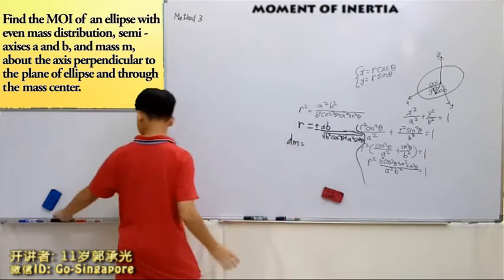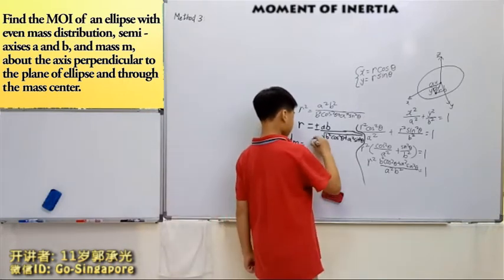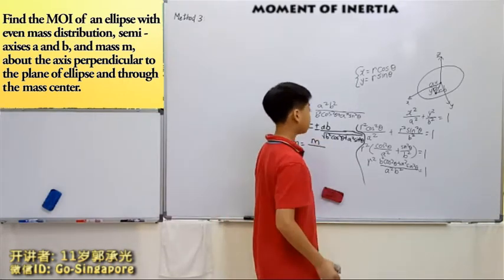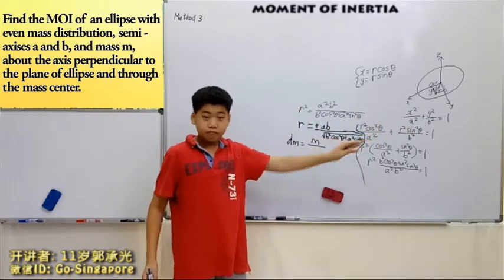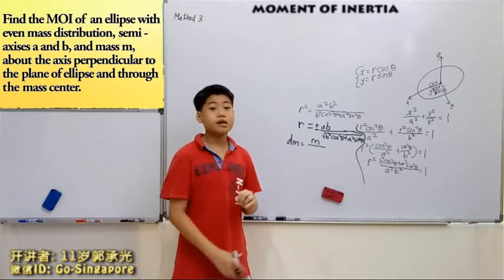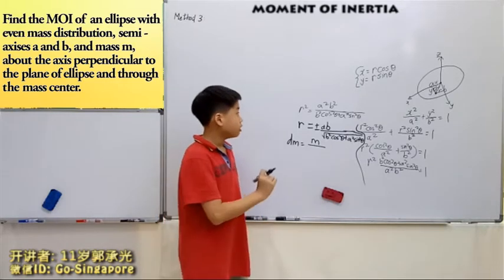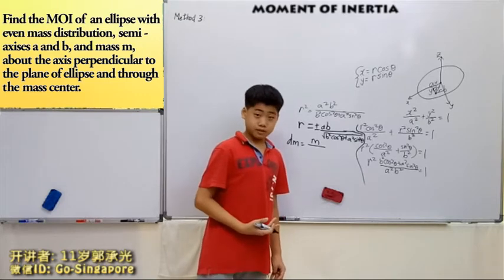First thing, mass density. Mass density is mass over its area. Because I did just a 2D, if you say it's 3D, then that will be its volume. What is the area of an ellipse?